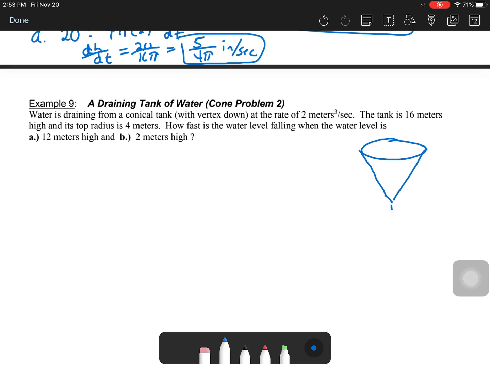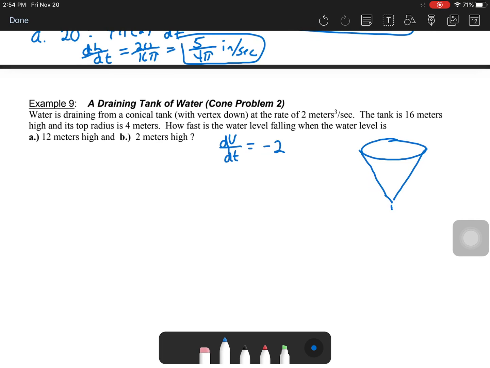And in this one, the rate is in cubic meters per second, so that means that if the cone is all filled with water, the volume of the water is decreasing at 2 cubic meters per second. So dV/dt, the volume of the water, the rate of change is -2 cubic meters per second.